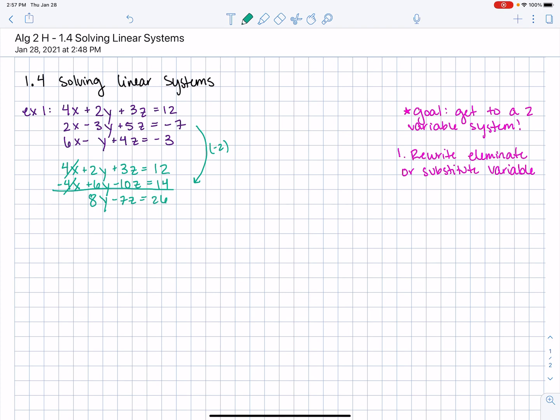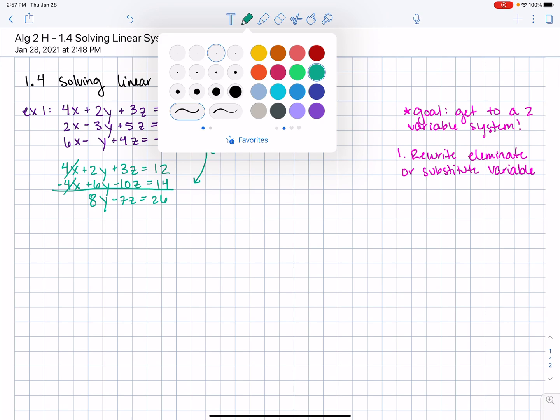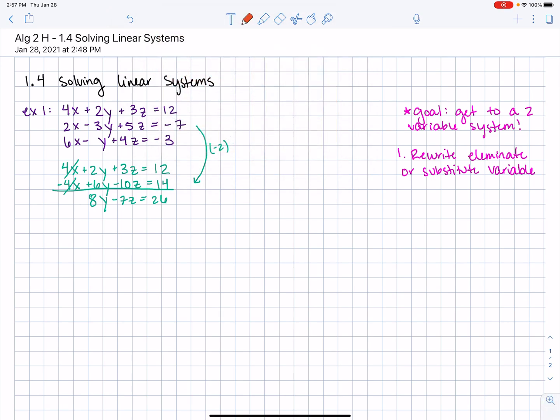Okay, so far I have one equation with a y and a z. I need another equation with a y and a z. So what I'm going to do here is take my third equation. I'm going to write that out as 6x minus y plus 4z equals negative 3.